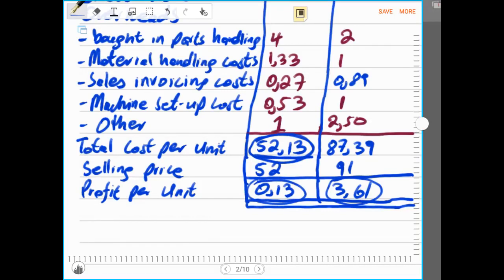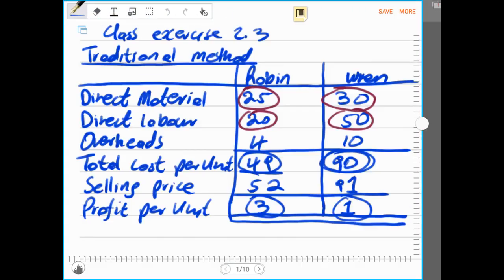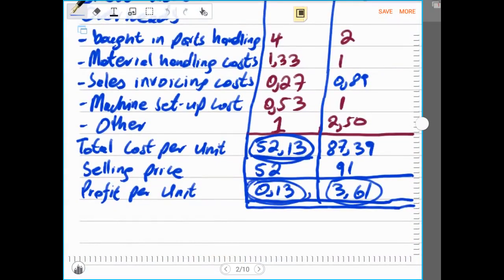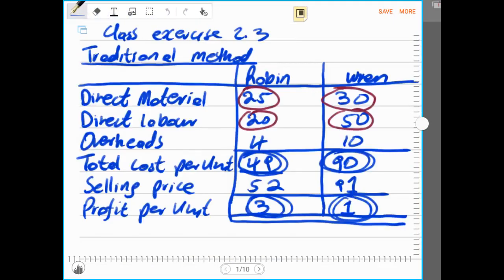So when you compare, you look at how much the total cost per unit was in one method, go to the other method and say there is a slight increase or decrease, and then go to the profit, which was 3 rand and 1 rand. Then you compare the two and realize that the profit is very low in the ABC, although it was 3 rand in the traditional method.